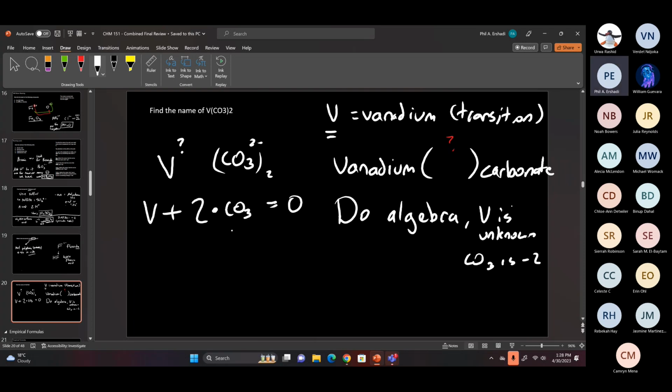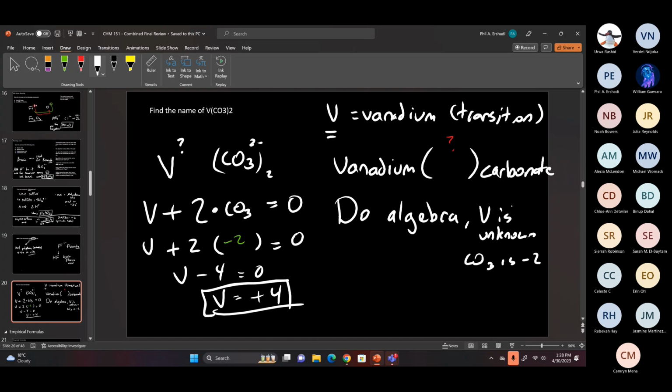So the total charge of the compound has got to be 0. 1 piece of vanadium, 2 pieces of carbonate. Now we know carbonate is -2, so we're going to plug in that -2 in this position. Set that equal to 0, and then 2 times -2 will give you -4. So that means vanadium is +4.